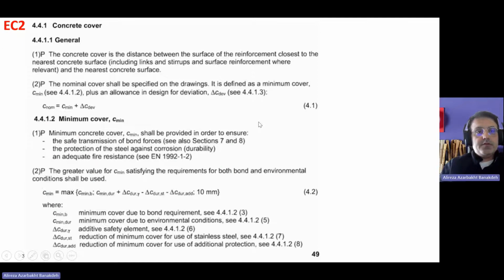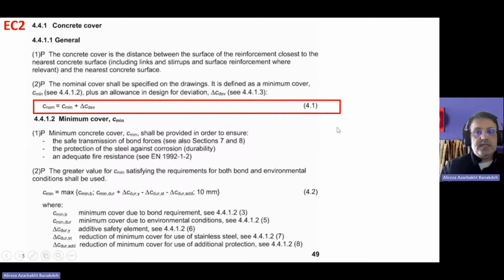If you go to the Eurocode standard on page 49, section 4.4.1, you will see these two formulas. Formula 4.1, which gives you the C nominal, which means the nominal cover you need for your section, has two terms, C min plus delta C deviation, dev.